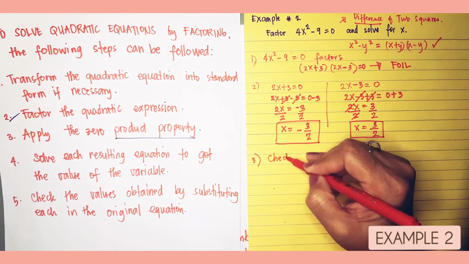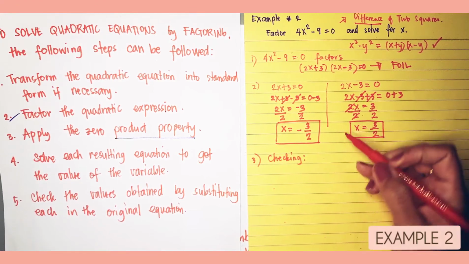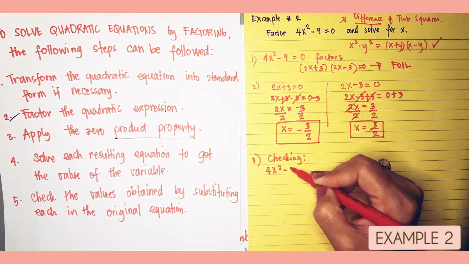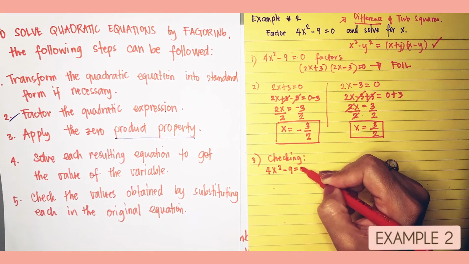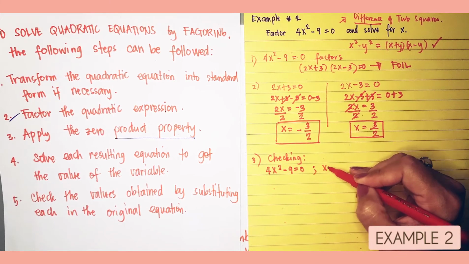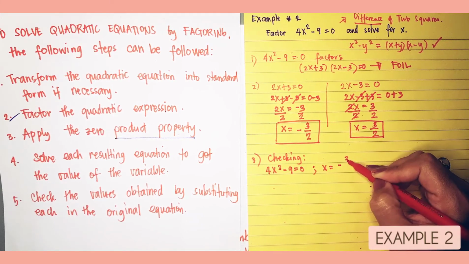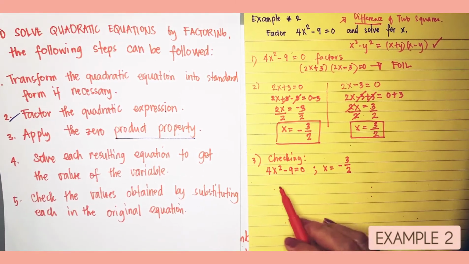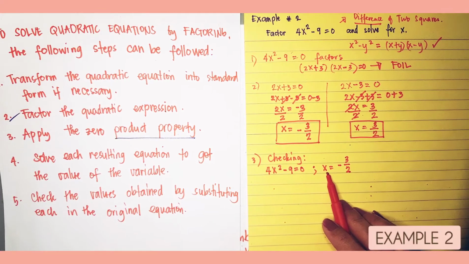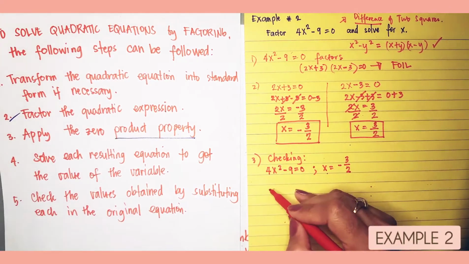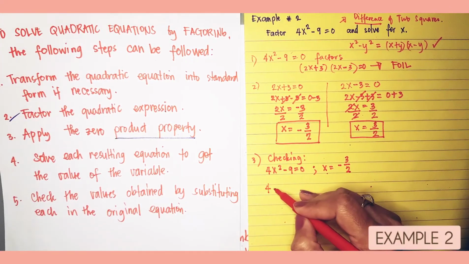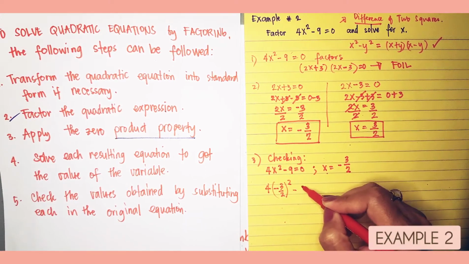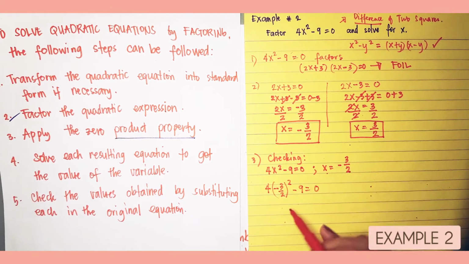So let's do the checking. From the given, 4x squared minus 9 equals 0 if x is equal to negative 3 halves. So substitute the value of x to this equation. You have 4 times negative 3 halves squared minus 9 equals 0.